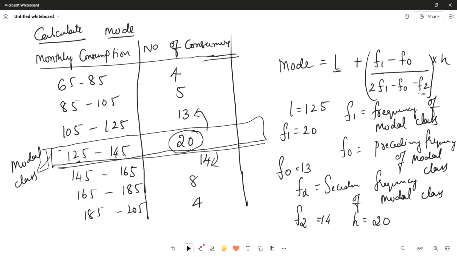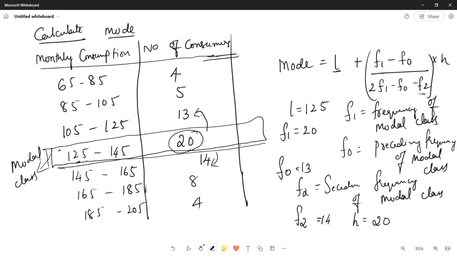Now substitute the values for the mode and calculate the value. Pavan, understood? Can you explain in English? See, the formula for mode is L plus (F1 minus F0) by (2 times F1 minus F0 minus F2) into H. L is the lower limit of the modal class, so 125.